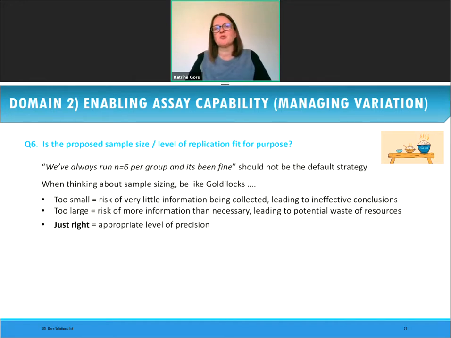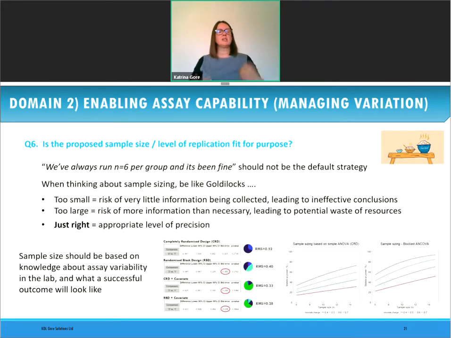You're after something that's just right, a sample size that leads to the appropriate level of precision. Sample size should be based on the knowledge about assay variability in the lab and what a successful outcome would look like. And you need to get your analysis right to help you get that estimate of variability as well.